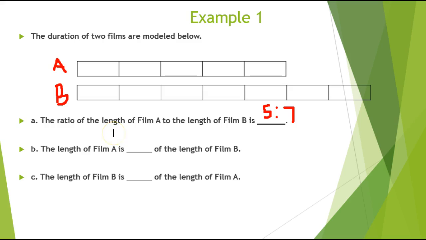B, the length of film A is blank of the length of film B. So I'm just looking at putting it into a fraction, because this is what I would actually multiply by. So the length of film A is 5/7 of the length of film B. And then C part, the length of film B is blank of the length of film A. I can actually just flip that because it's asking for B first. So I have 7 over 5. So the length of film B is 7/5 of the length of film A.